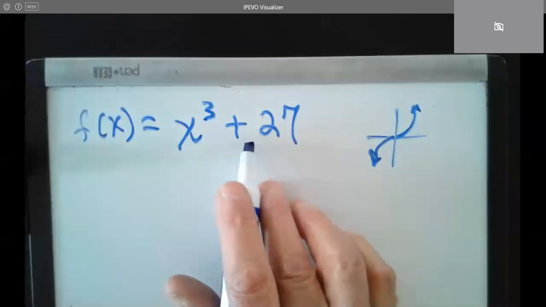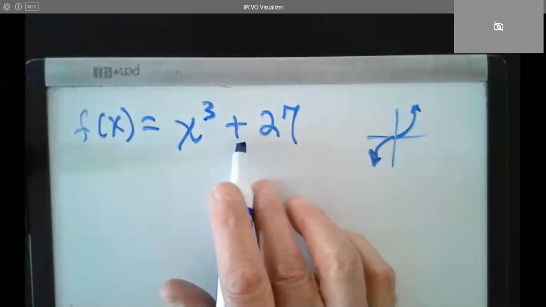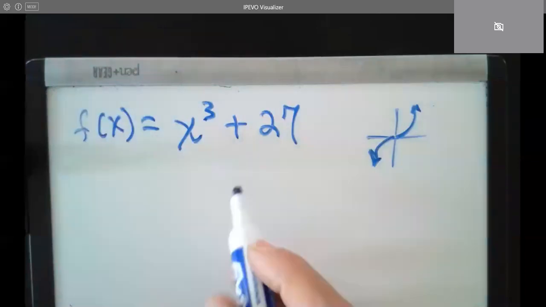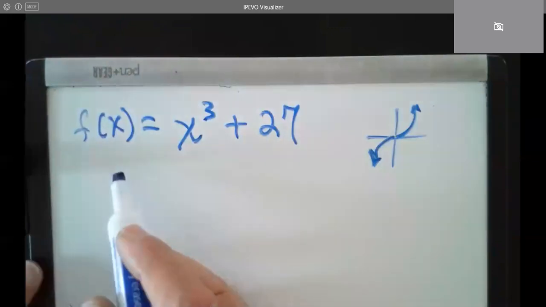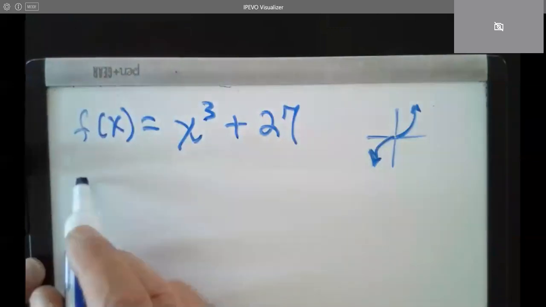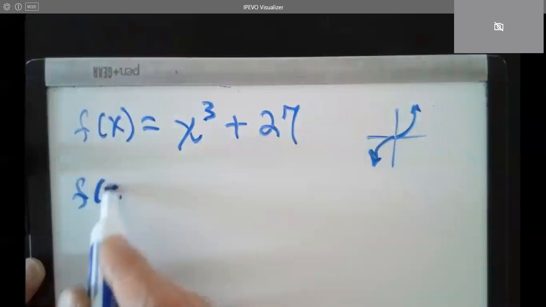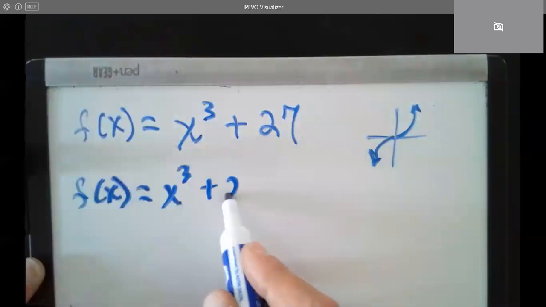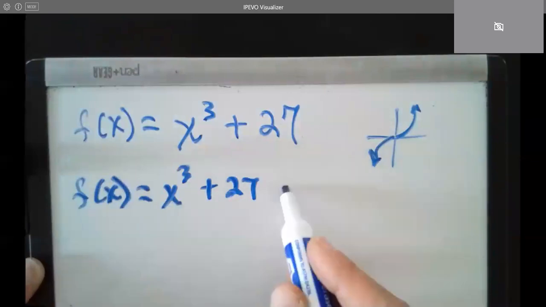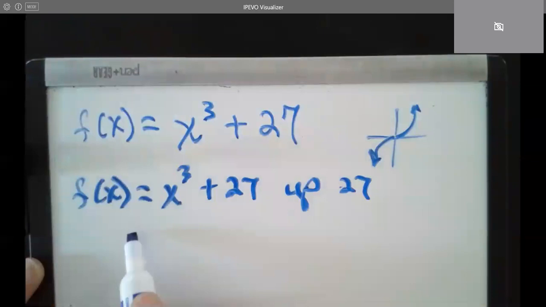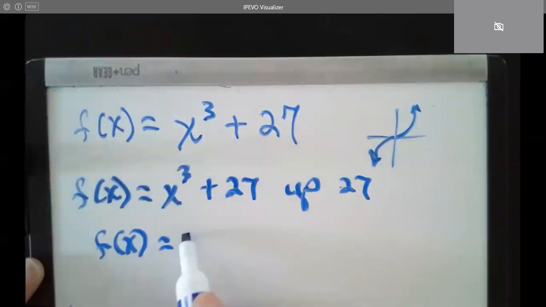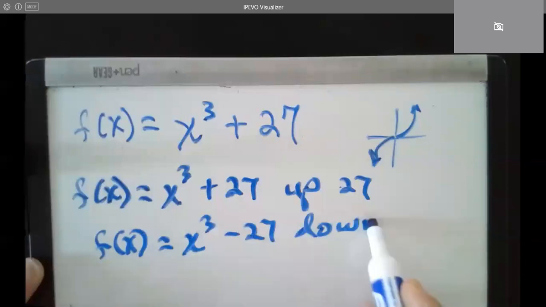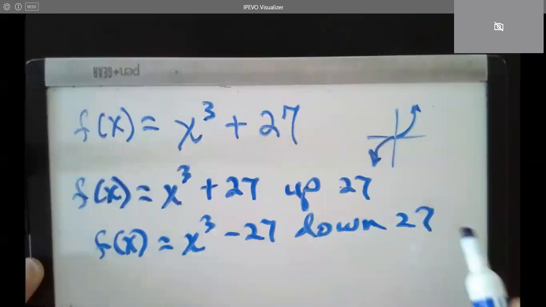It shifts up. Okay, let's go back over these again. If f of x is equal to x cubed plus 27, it shifts up 27. If it's f of x equal to x cubed minus 27, it's going to shift down 27. Okay?